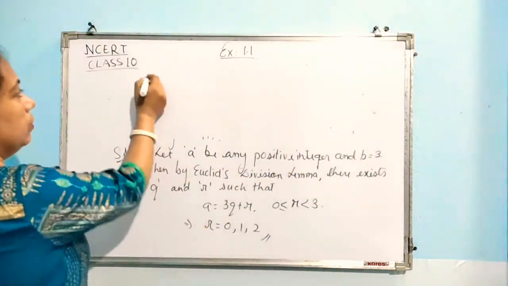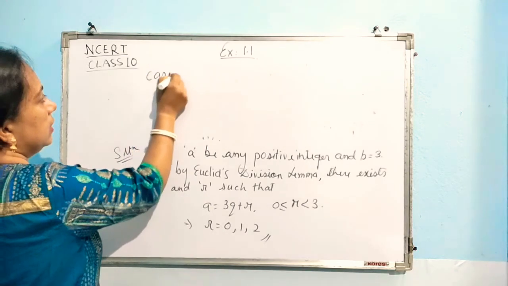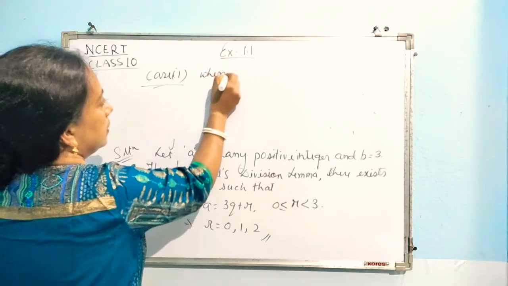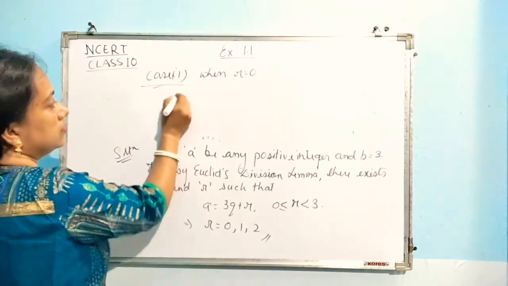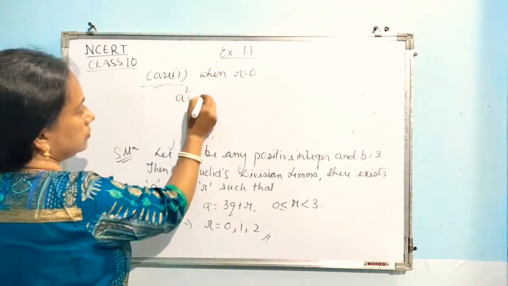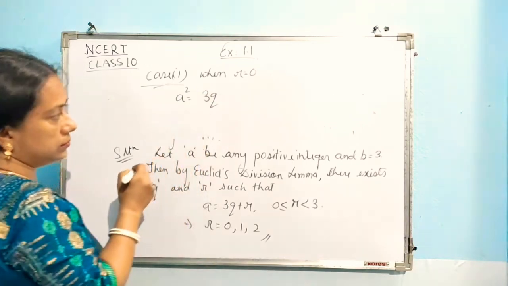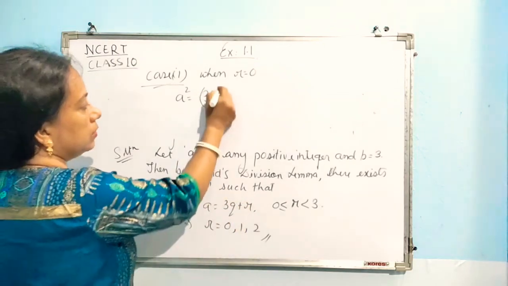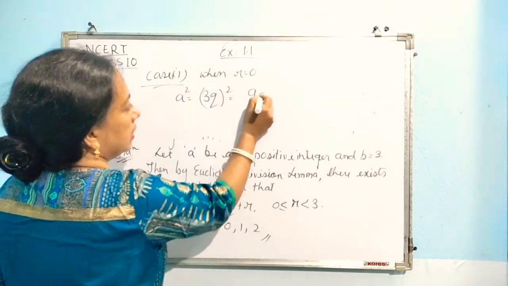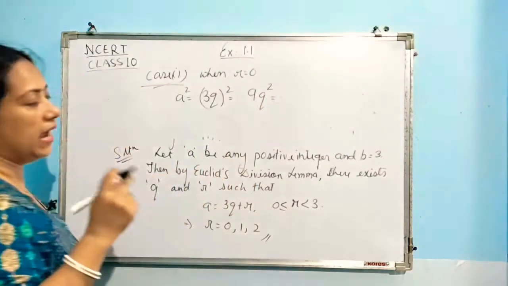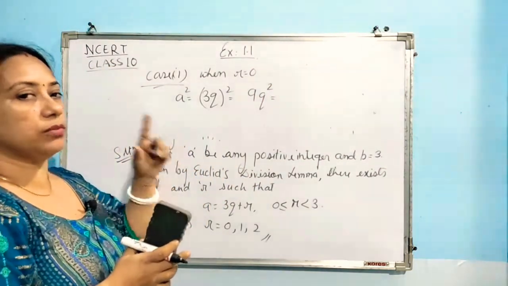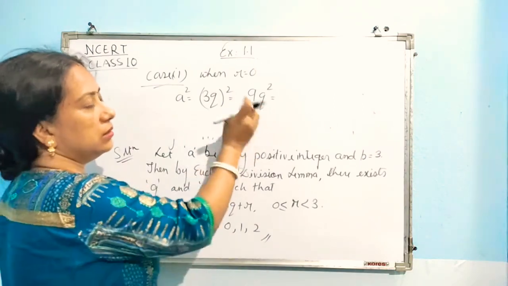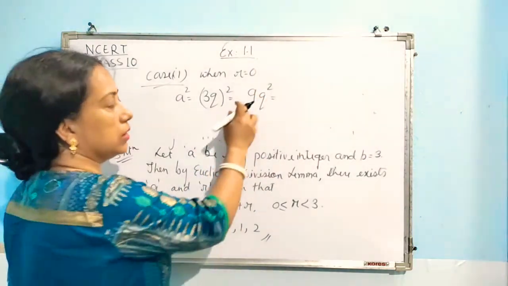So we will be taking 3 different cases. Case 1, when r equal to 0, a square is equal to 3q whole square, that is 9q square. Now we have to prove that a square is of the form 3m or 3m plus 1, so I am going to express it in that form.